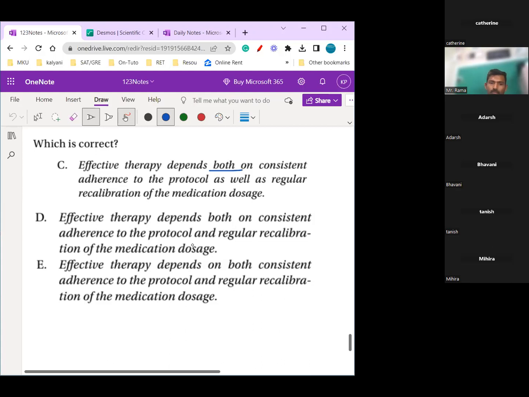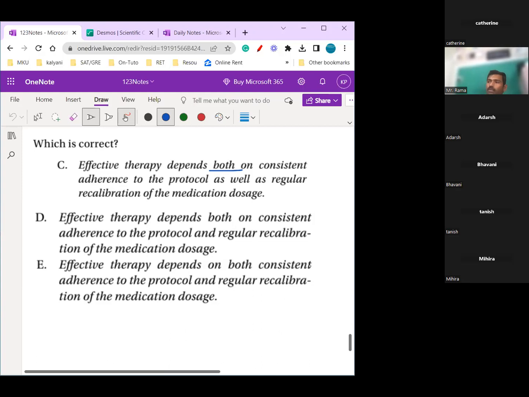But if I look at D here, this one is idiomatic but non-parallel. X is a prepositional phrase, but Y is a noun phrase.